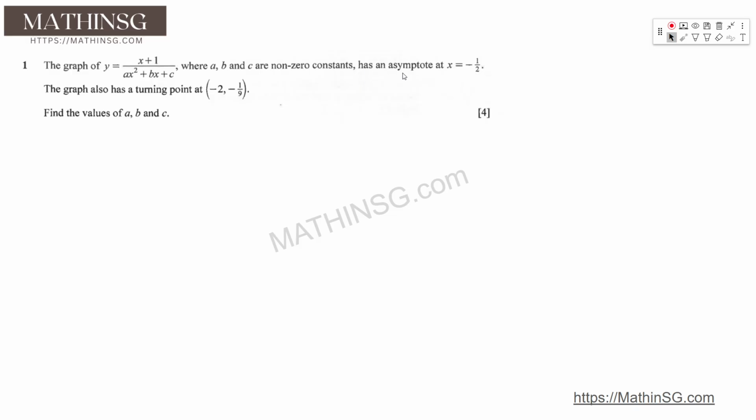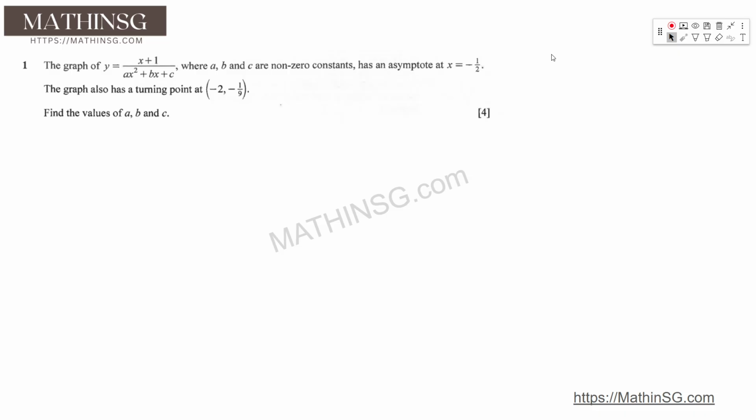So if it has an asymptote at x equals to minus half, what does it tell us? Well, when an equation has a vertical asymptote, it is undefined at this x value. Looking at y equals to x plus 1 over ax squared plus bx plus c, when will it be undefined? It is when the denominator is 0.